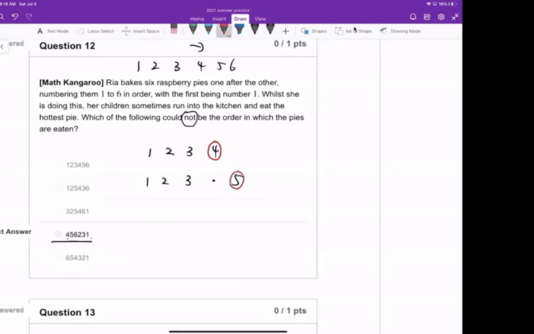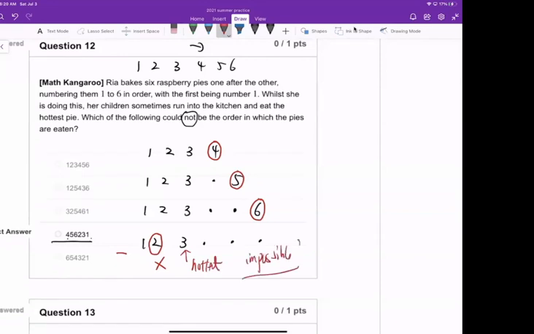And then 6 is baked, so 6 is eaten. After all those, 3, 4, 5 are gone, and going back to 2 being eaten, we know this is impossible, because for this step, 3 is the hottest, right? So that's why it is impossible.